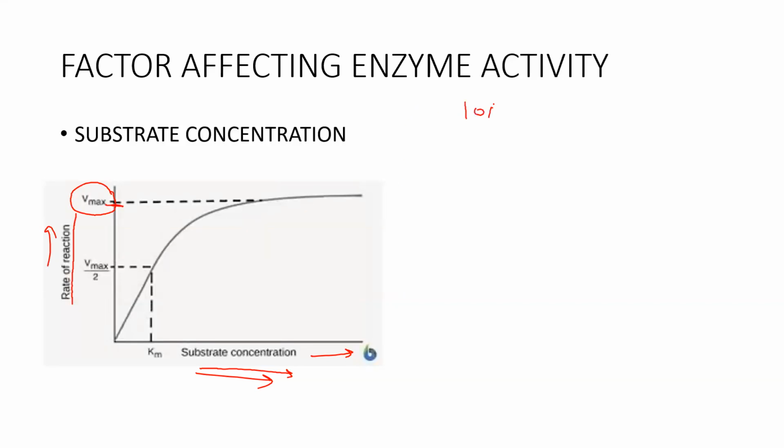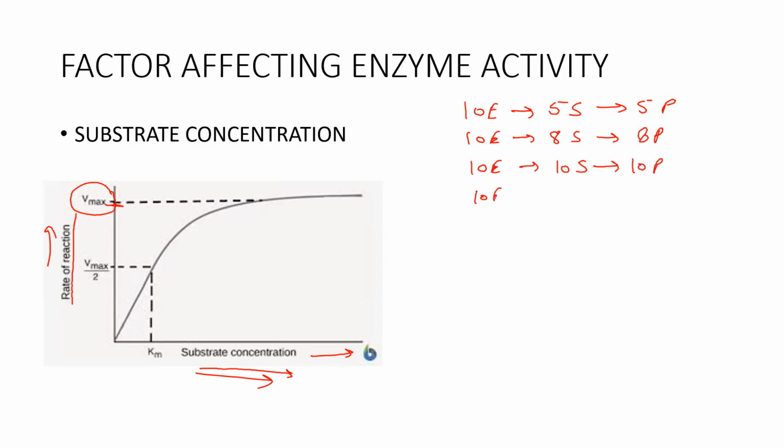Suppose here are 10 enzymes. If you put 5 substrates, this will give 5 products. With the same amount of enzyme, 8 substrates, how many products will you get? 8. 10 enzymes and 10 substrates, how much product will you get? 10.